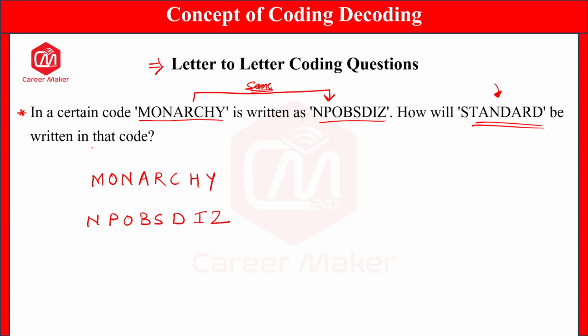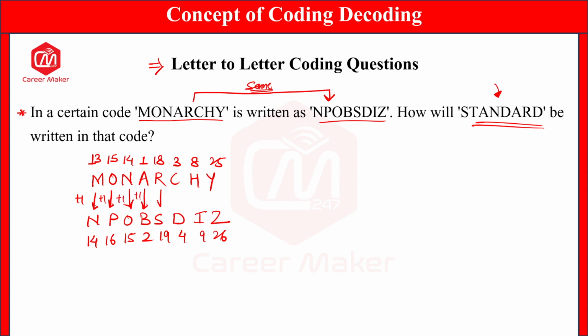Now next part is positions, so obviously write down the positions: 13, 15, 14, 1, 18, 3, 8, 25, and then here we have 14, 16, 15, then again we have 2, 19, 4, 9 and 26. So as I can see clearly, this is plus 1, plus 1, plus 1, that too parallel. It's a parallel pattern given to us with the logic of plus 1 in all the letters. So we'll use the same to identify the code of standard.